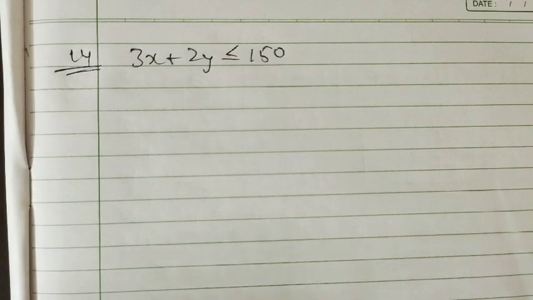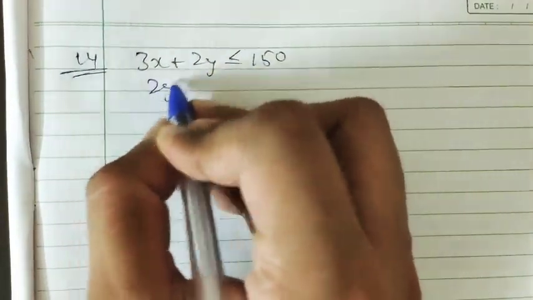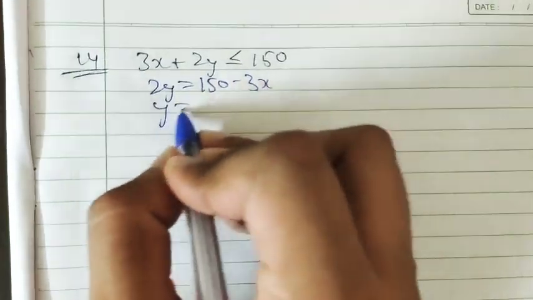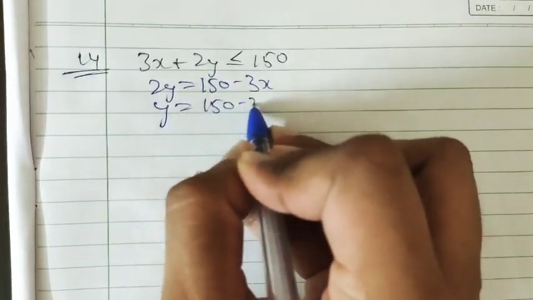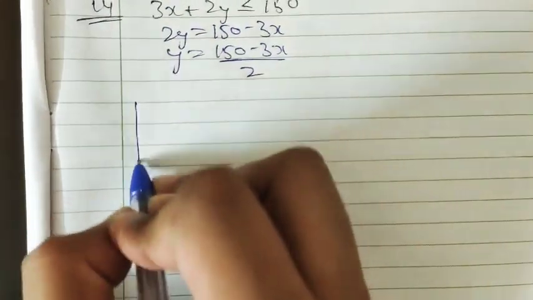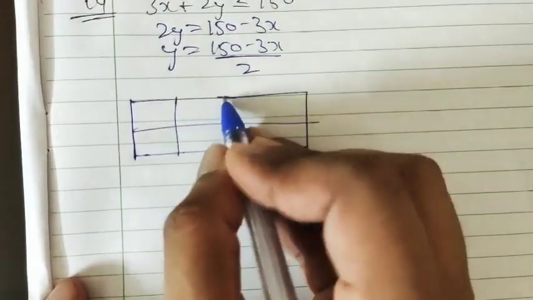3x plus 2y is less than or equal to 150. So from here we can say 2y is equal to 150 minus 3x, y is equal to (150 minus 3x) upon 2. So for every different value of x we will have different values of y.